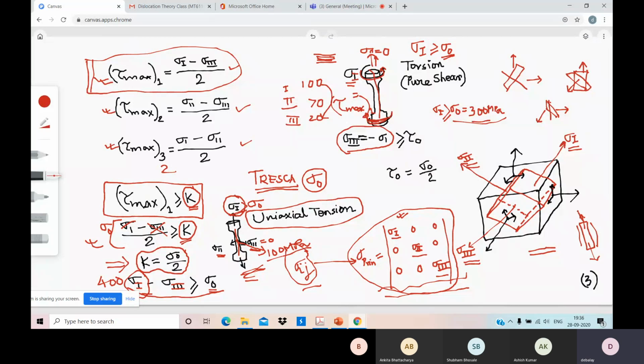If you simply apply one principal stress along the applied direction, that contraction is free. But if you apply another tensile stress along these directions, will the contraction be easy? You are basically opposing the contraction by applying this tension. So you need to apply an even higher applied stress to drive this contraction against these forces and get the body deformed. So this is the basic theme of this problem.